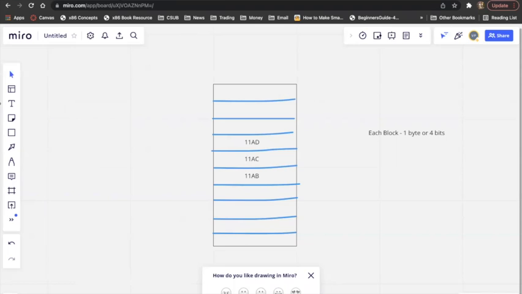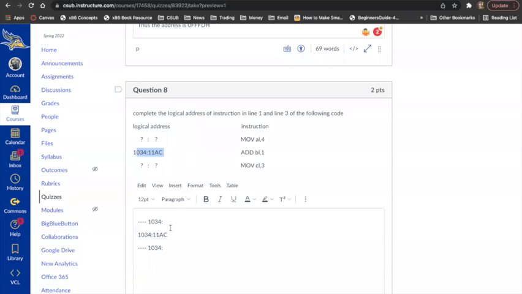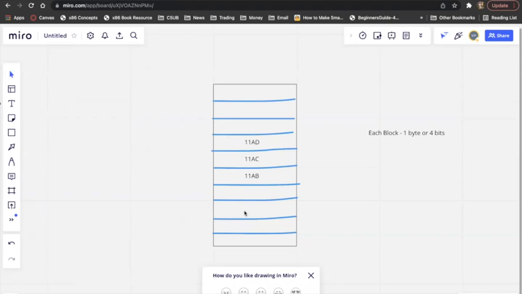So what we can do is simply 11AC minus. Let's write this. The first address is going to be 000, we know that for sure, right? And the last is FFF. Okay, cool.